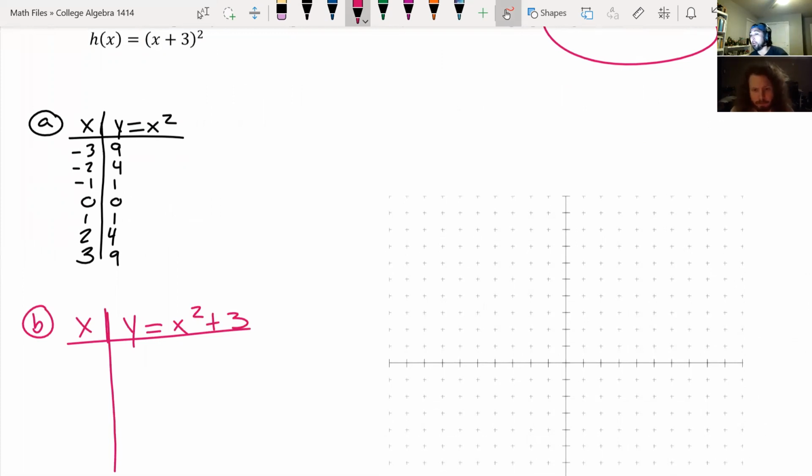So what we're going to do now is stick with the original x values because since this is a vertical shift, it only affects your y values.